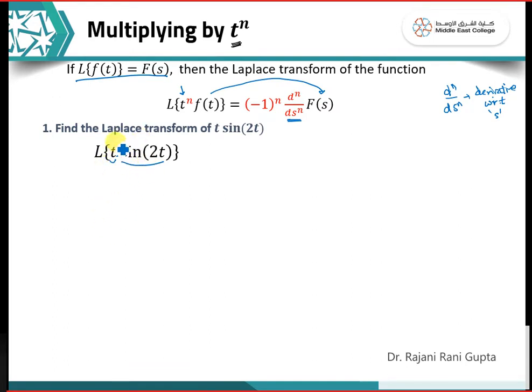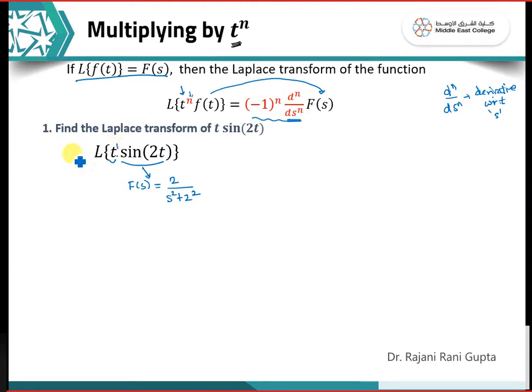Now t means t to the power 1, and here you have sine of 2t. So as usual, sine 2t will give you F of s, which is 2 over s square plus 2 square. Now for t power n, this nth power gives you this whole term, minus 1 to the power n, d^n over ds^n.